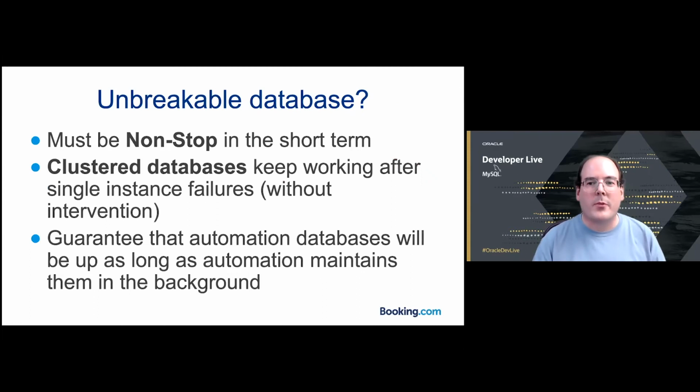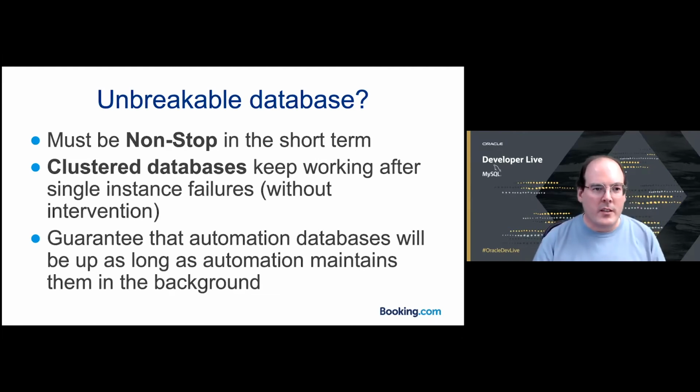So if you want an unbreakable database, how do you get that? You want it to be non-stop in the short term. In the long term, you can always go and repair it, but in the short term, it must keep working. So you tend to reach for a clustered database, because if you have a cluster of databases that are a cooperating group, then they keep working after one instance fails without any intervention.